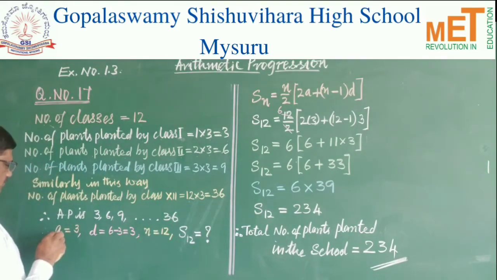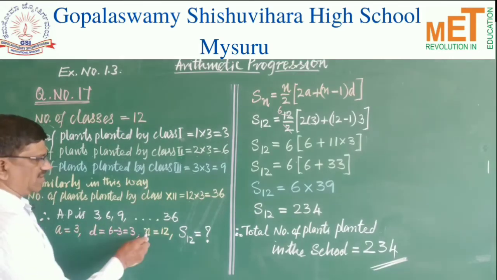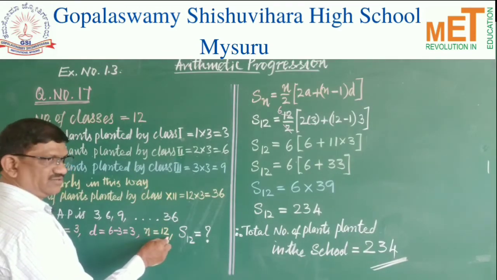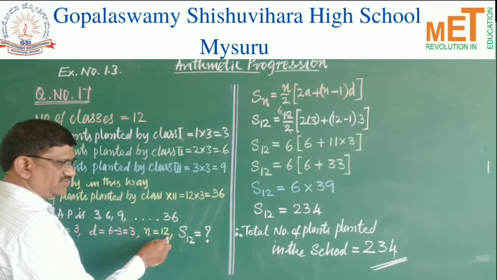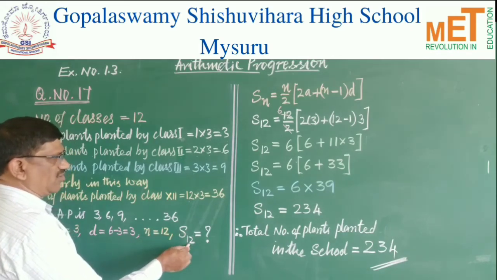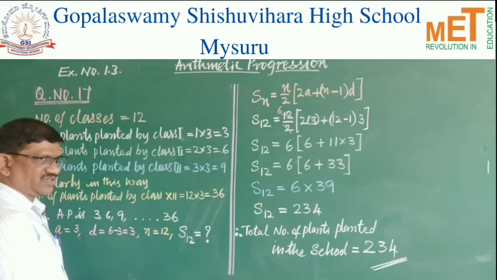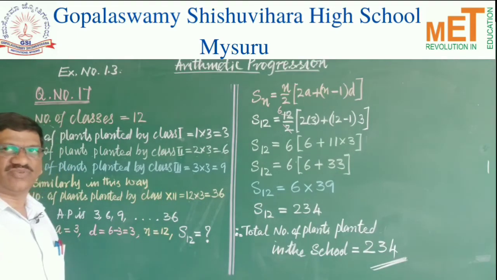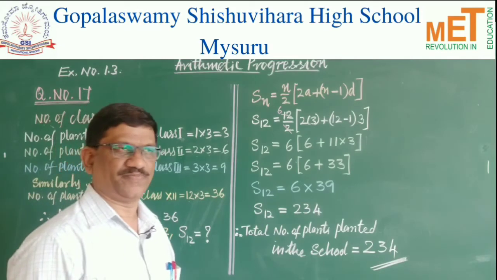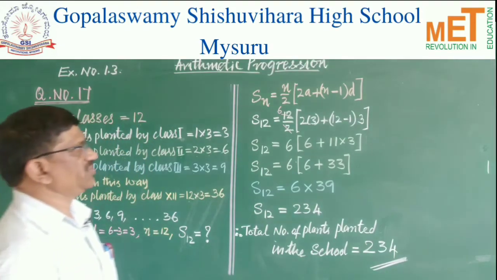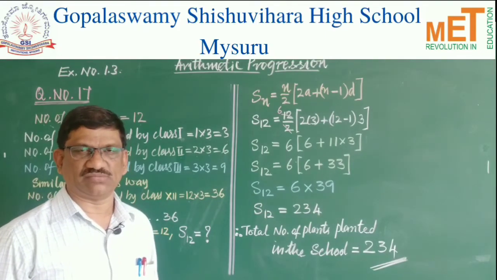Therefore, a is equal to 3, d is equal to 6 minus 3 is equal to 3, the number of terms, that is the number of classes, is equal to 12, first standard to 12th class. The sum of all the plants planted by each class, that is S12, we have to calculate. Understood, children? For that we have to use the formula for the sum to n terms of an arithmetic progression.